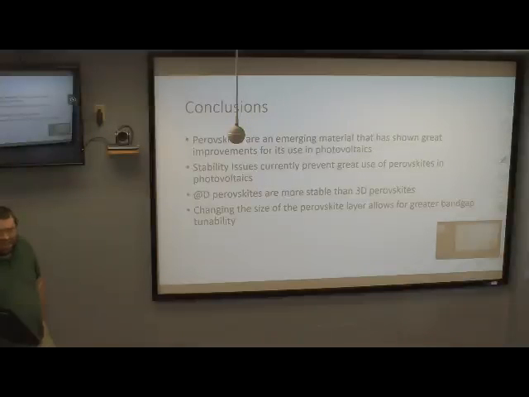I don't know if there's a better word than that. You can say commercially even. Yeah, I was thinking commercially, but I think industrially might be the better word there. Or maybe both. Either way, the major issue currently preventing its use is its stability.